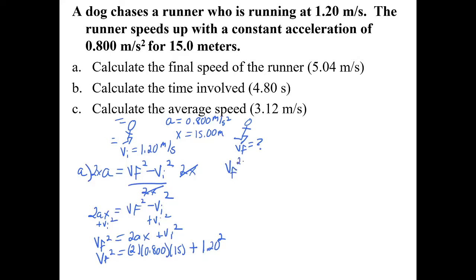And I'll just continue up here. V final squared is 25.44. So if we take a square root of both sides, well, square root of 25 is 5, so I absolutely believe that 5.04 meters per second. That's going to be our runner's final speed when they accelerate.